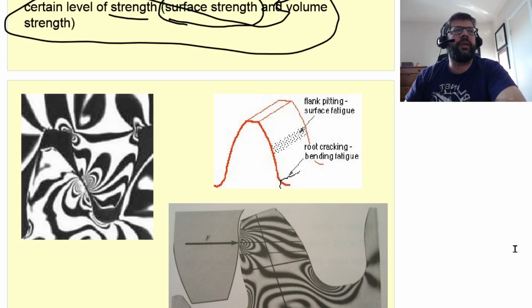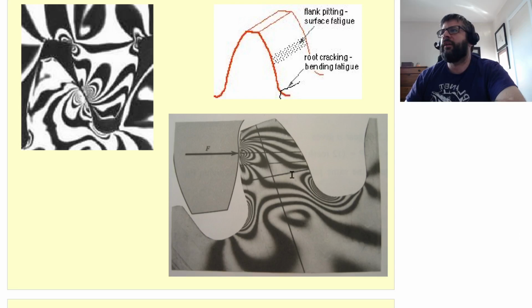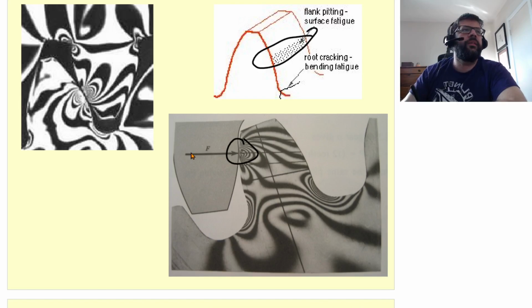So basically, when the gears come into contact here, we get a stress field that arises. At the point of contact, right in the center there, you've got compressive stresses occurring. Those cause surface fatigue, which is the wearing away of the face of the gear tooth.